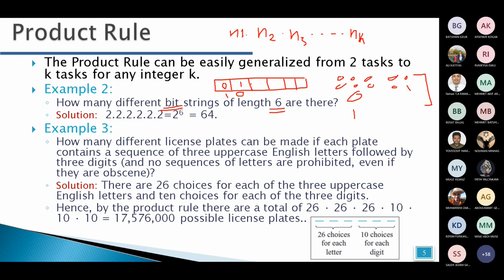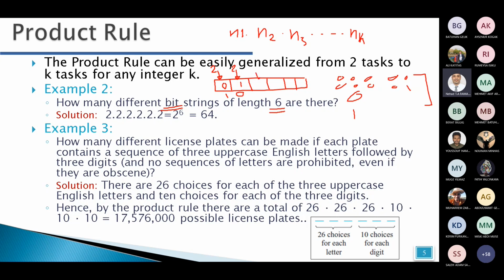To do it, we have 6 tasks here to do this procedure. First task, to get the first bit or first digit. It could be 0 or 1. So how many ways? 2. Second task, how many ways to get the second digit? Also 2, because we have 0 or 1.